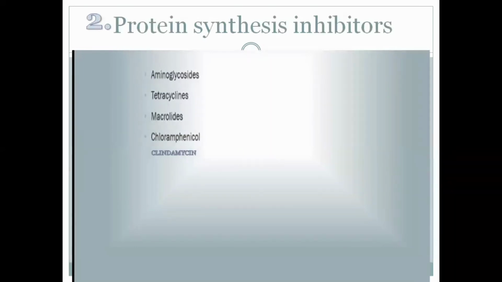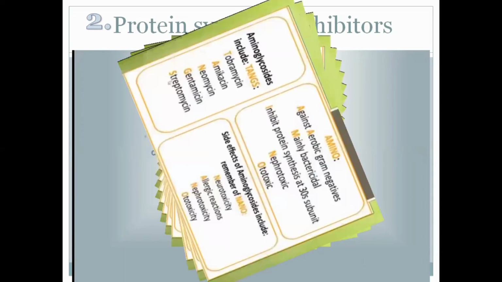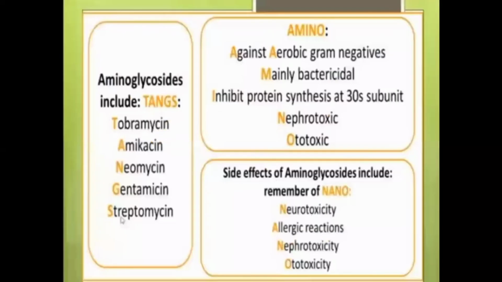We go to the second category of drugs, which is the protein synthesis inhibitors, and they include the aminoglycosides, tetracyclines, macrolides, chloramphenicol, and clindamycin. In the aminoglycosides, we also have another range of drugs for which you could use the mnemonic TANKS, which is tobramycin, amikacin, neomycin, gentamicin, and streptomycin.